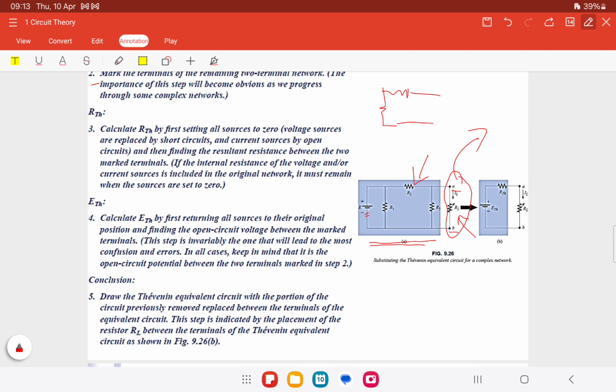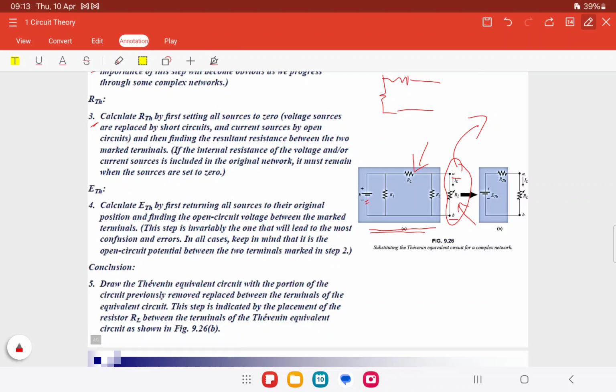Okay, step number 3. Step number 3, calculate the RTH. How to calculate the RTH? Voltage source short circuit, current source open circuit. If we have any voltage sources, short circuit them. This is only when we want to get the RTH.